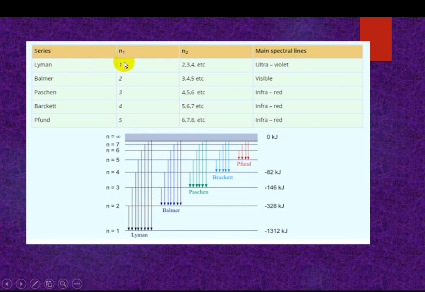Lyman series: n1 equal to 1 and n2 equal to 2, 3, 4, 5. Its main spectral line is in the ultraviolet region of the electromagnetic radiation.